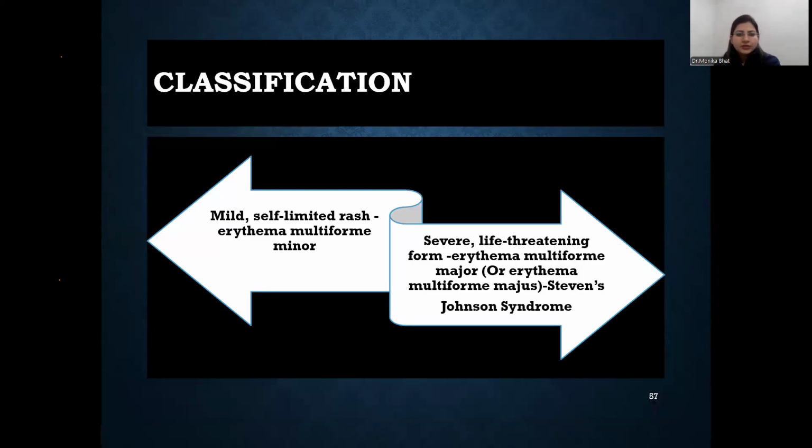The classification is mild and severe. Mild is a self-limiting rash, erythema multiforme minor, and the second category is the major type, that is severe, life-threatening, or erythema multiforme major. This can sometimes be called Stevens-Johnson syndrome when it severely affects the patient.